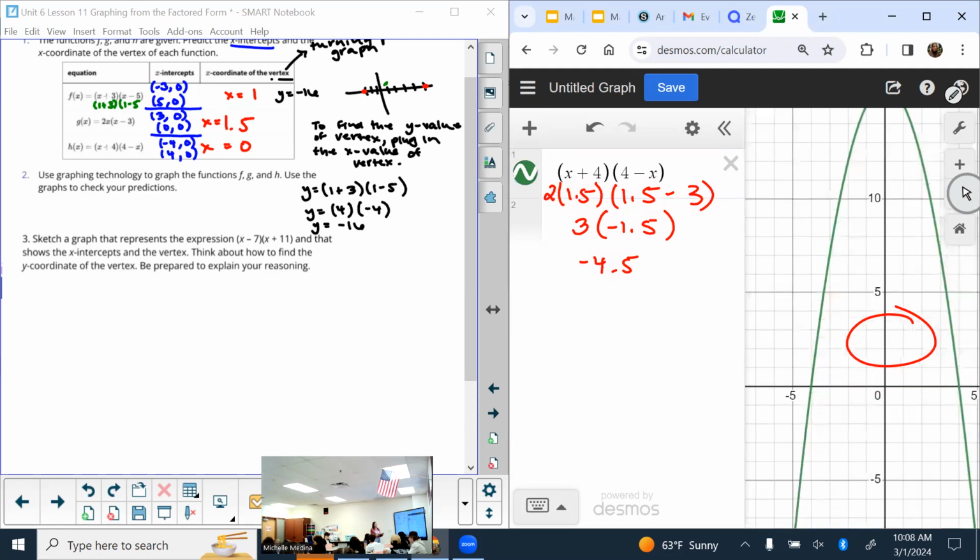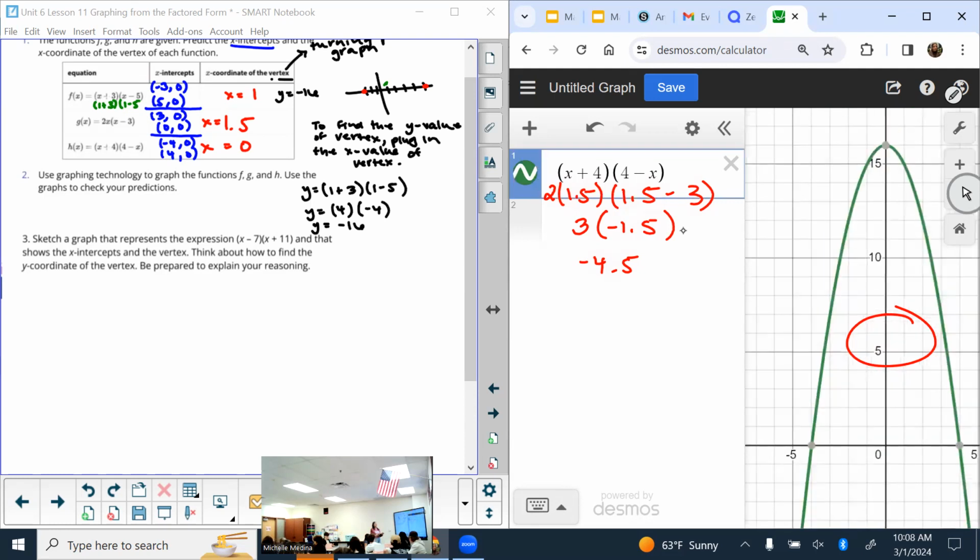My vertex for the x is 0. I get my y value by plugging in the 0 and solving for the y. Because remember, this is equal to my output, the y. So then I have 0 plus 4, 4 minus 0. What's 0 plus 4?